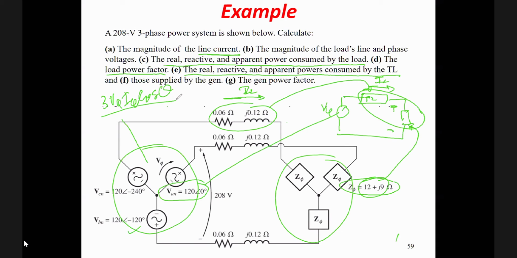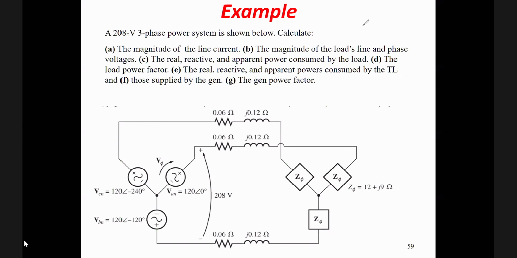The difference between this power and this power will be the power in the transmission line. The difference between the real power here and the real power here will be this real power. The difference between the reactive power here and the reactive power here will be the reactive power of the transmission line, which is basically the next requirement, the power supplied by the generator, and the generator power factor.